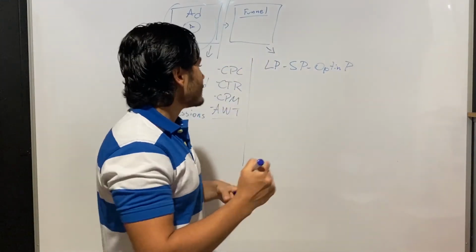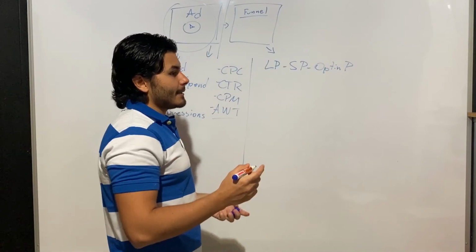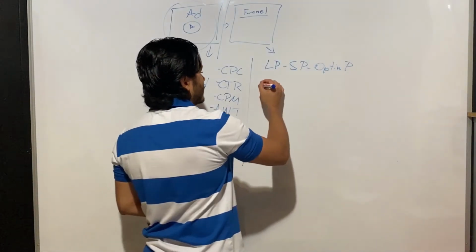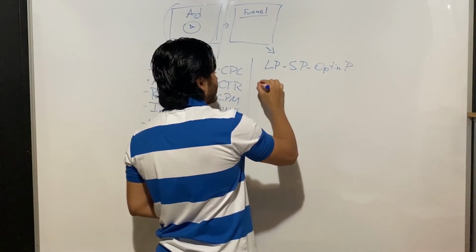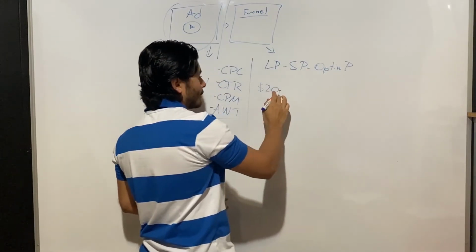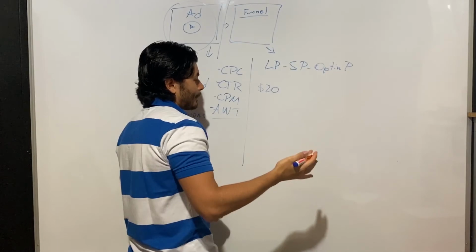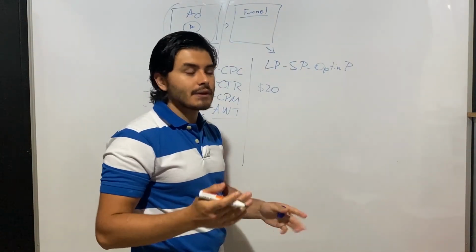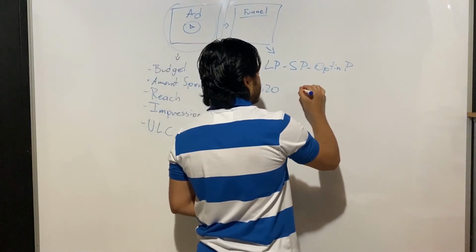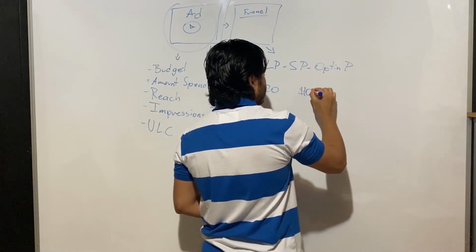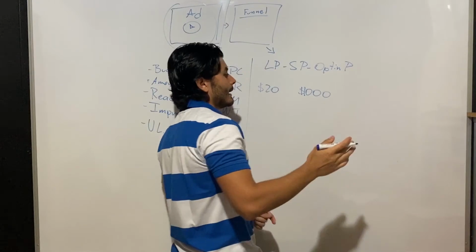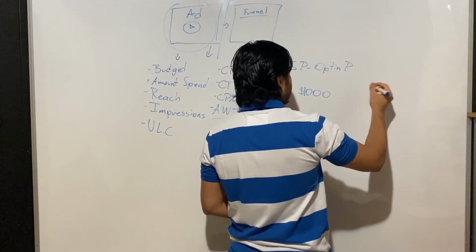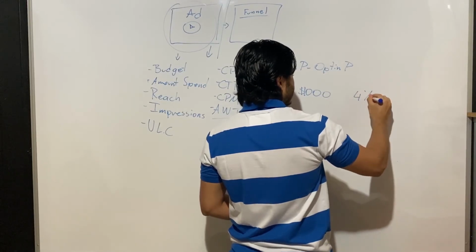For example, let's say you're paying $20 to acquire a lead, you're selling your service for $1,000, and you have a conversion rate of, let's say, 4%.